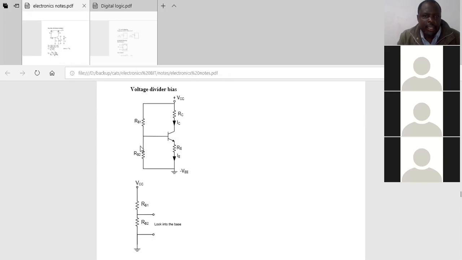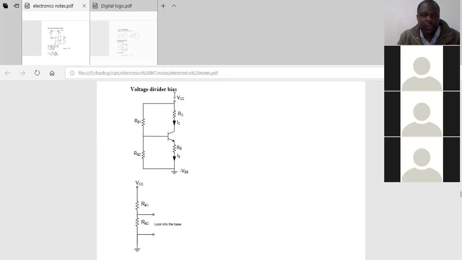And when they're in series, it means they divide this potential into two sections based on the value of RB1 and also based on the value of RB2. And that's why we are saying for you to get this voltage, just use the voltage divider rule, which says that you multiply this value together with this one, and then you divide by the sum of the two. Then that gives you the voltage at this point.